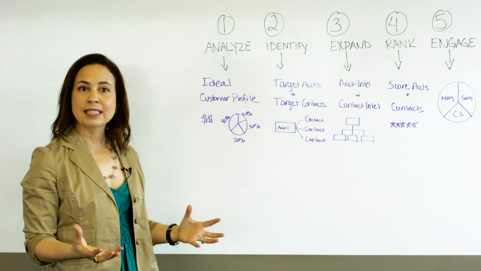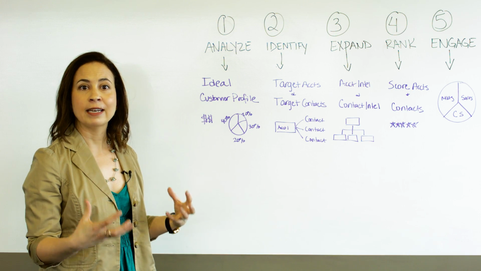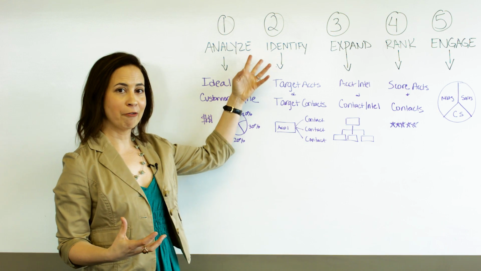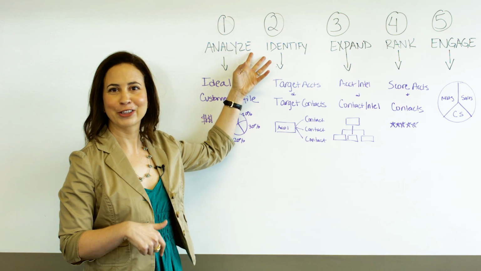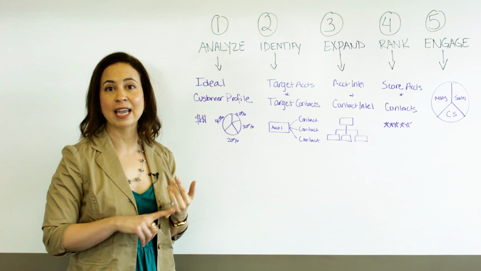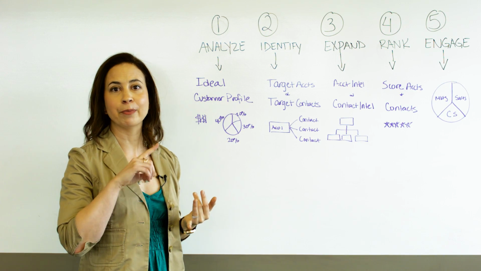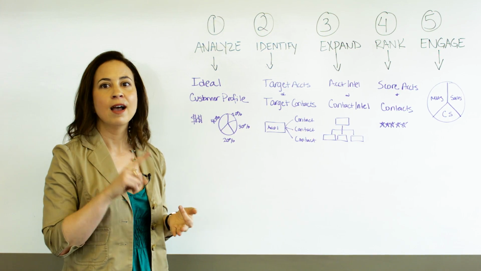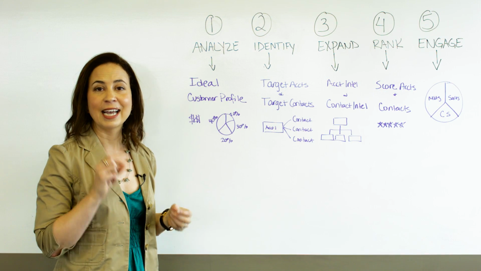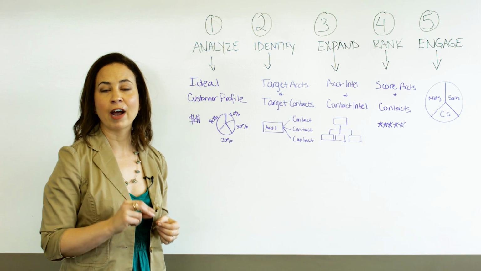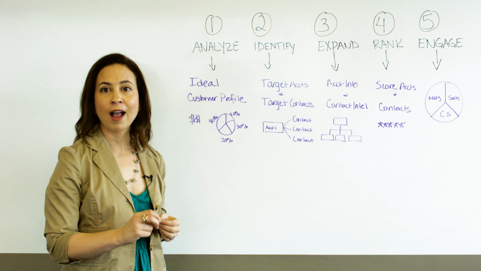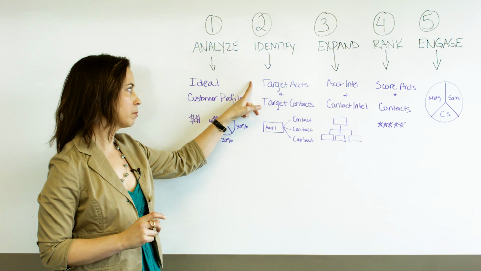So whatever that list of characteristics is that comes out, now the trick is to go identify more companies that look like those customers, who have the same kinds of attributes, the same revenue base, the same employee size, the same technologies installed. And that's step 2, is to go identify who those companies are that look like your best customers.